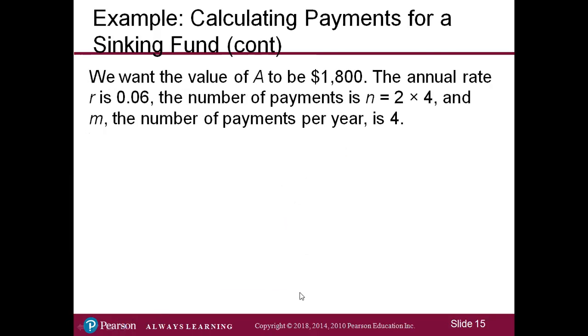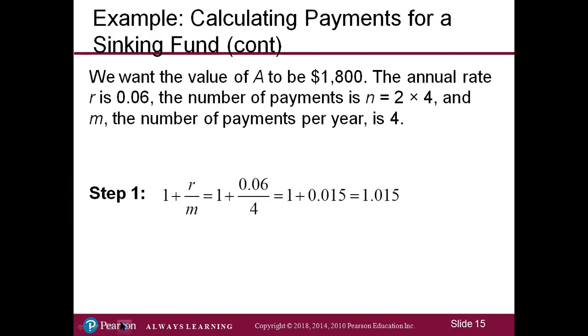We want a value of A to be 1,800. The annual rate r is 6%, 0.06. The number of payments is n equals 2 times 4, which is 8, and m, the number of payments per year, is 4 because we're paying quarterly.